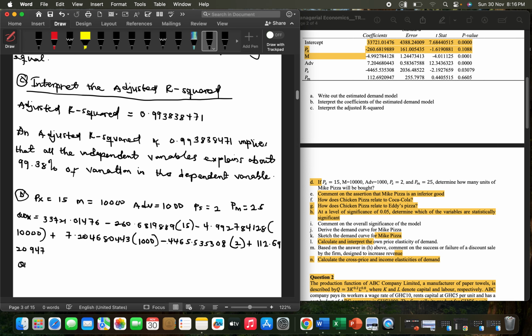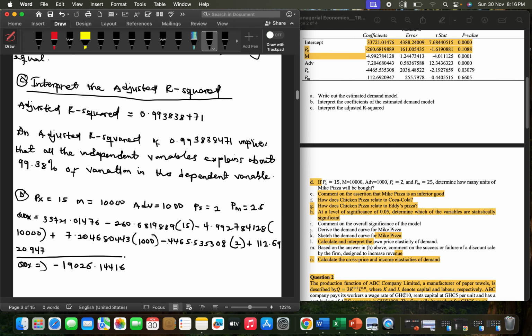So now when you punch everything using the calculator, you are going to get minus 19026.14416.